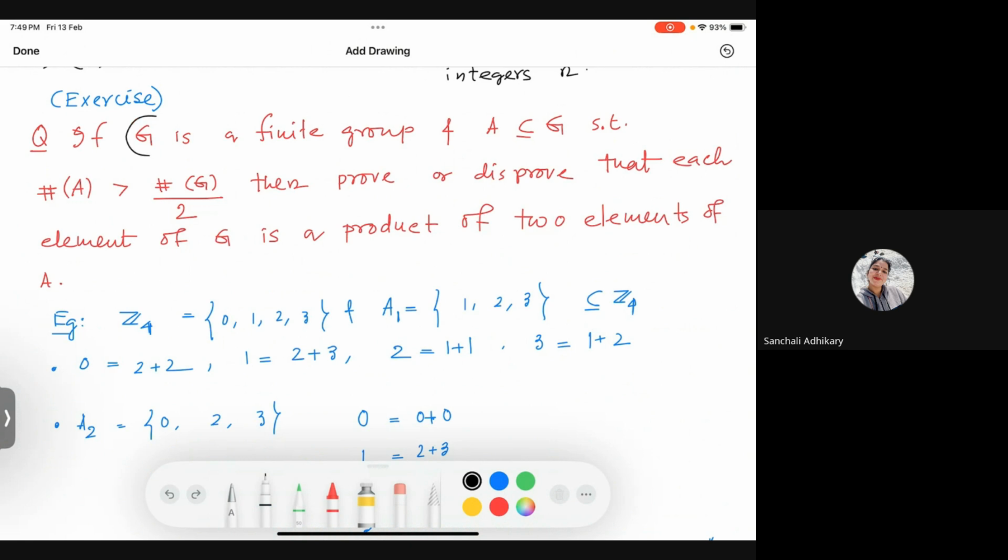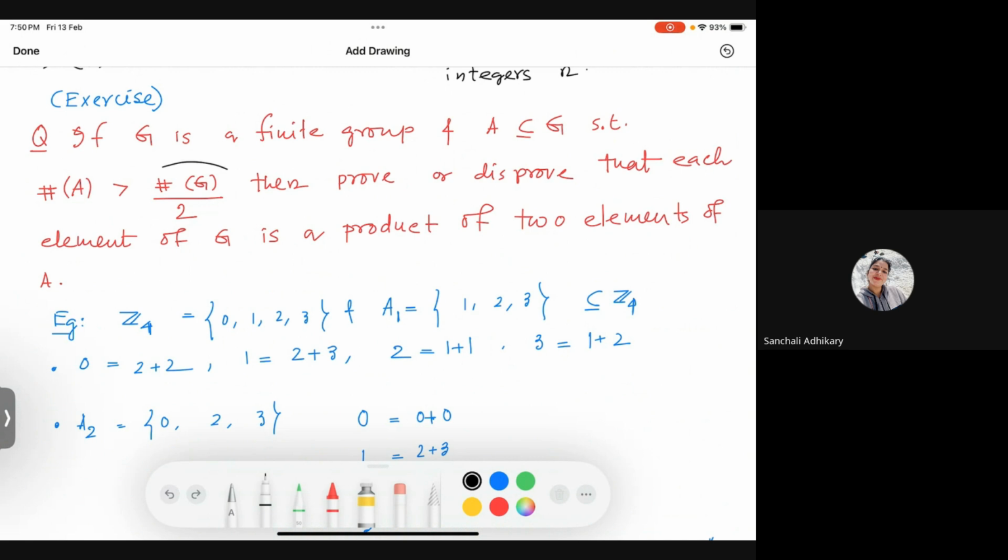Given that G is a finite group and A is a subset of G, and the cardinality of A is strictly greater than the cardinality of G by 2.